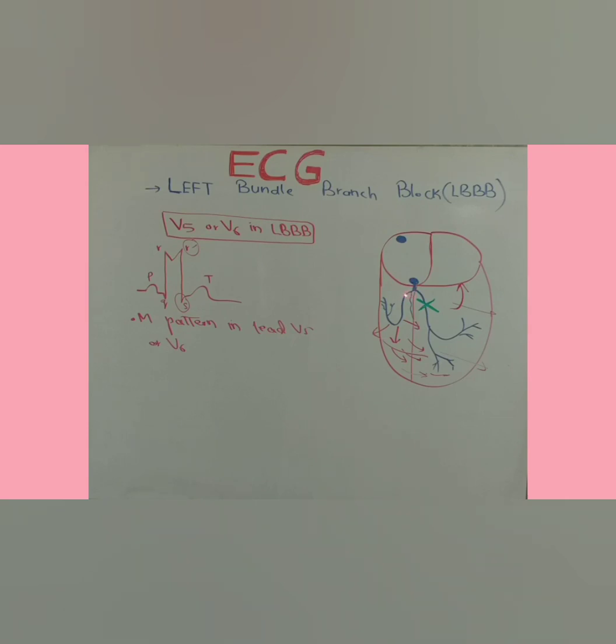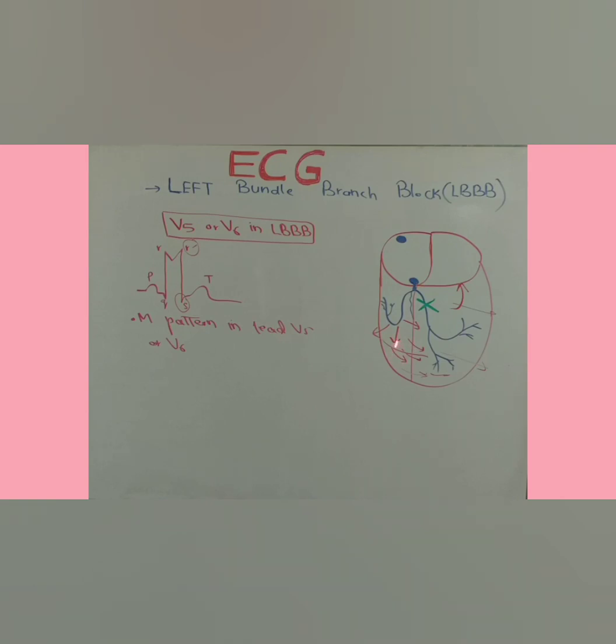Then this wave of depolarization enters into the right bundle branch through the Purkinje fibers, enters into the ventricular muscle, and causes it to depolarize. Now this is uncompeted depolarization because the left myocardium is silent at this time. So the wave of depolarization is going not only towards V1 and V2 but also towards V5 and V6, because there is no competition on the left side. So it generates a positively deflected R wave in V5 or V6.